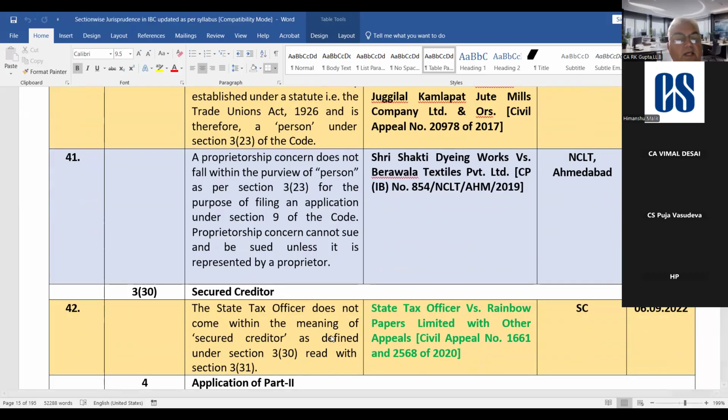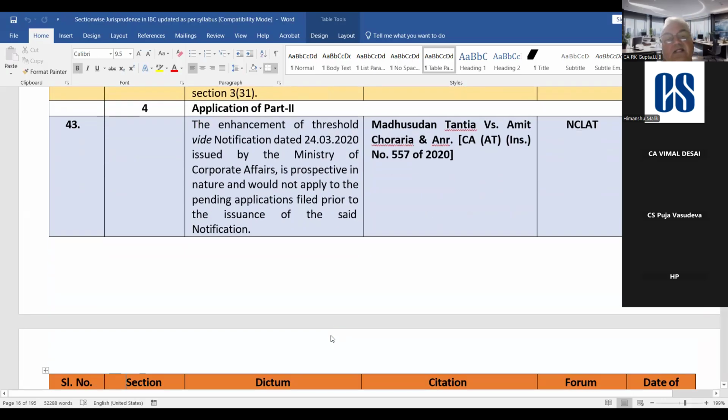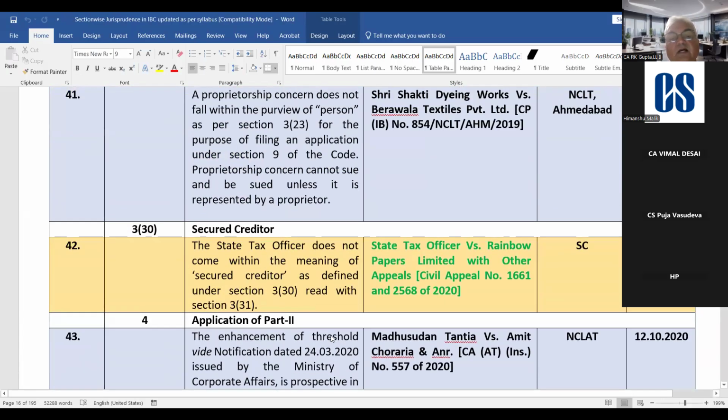Okay. Another important definition is of secured creditor. On secured creditor we also have a case law. This is State Tax Officer versus Rainbow Papers. What was said in it? There was a company of Gujarat and that was registered under the Gujarat VAT Act. Now the Gujarat VAT Act said that suppose there is a dealer, a VAT dealer, and is not able to clear the VAT dues, then the government will have charge over its assets.